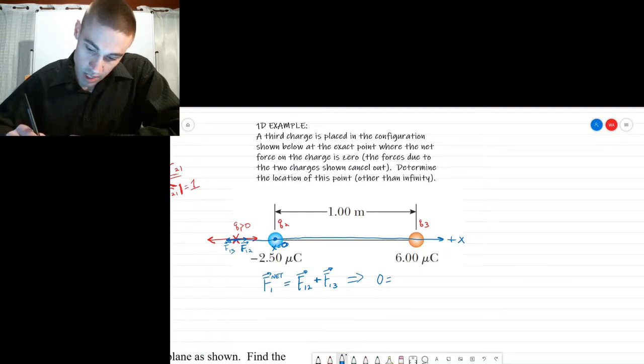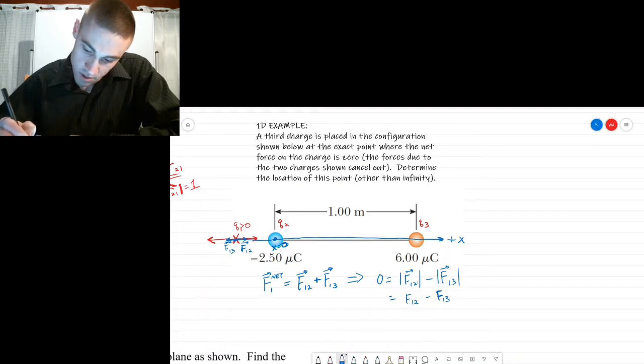And we're going to have F12 pointing in the positive x direction, and the force F13 is going to go in the negative x direction. So let's go with negative the length of this vector. Just by way of notation, you can just drop the arrow over the top here, and this means that we're referring to just the length of each one of these vectors.